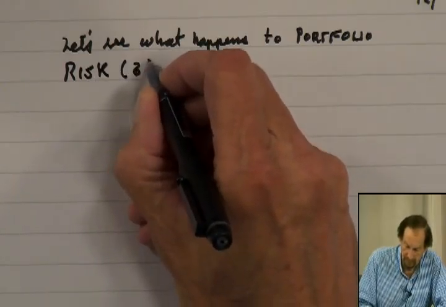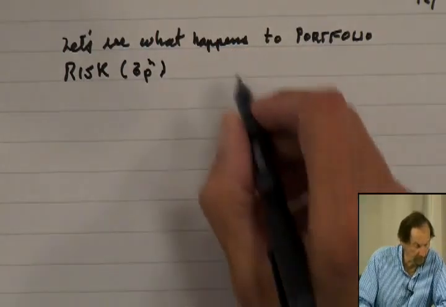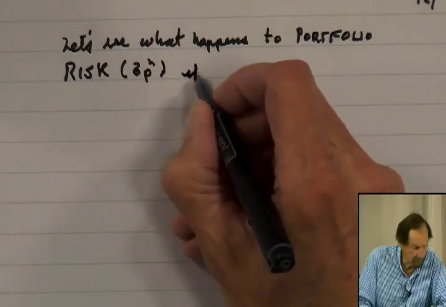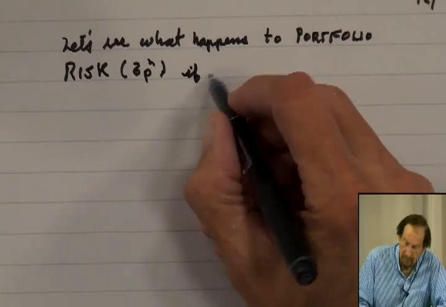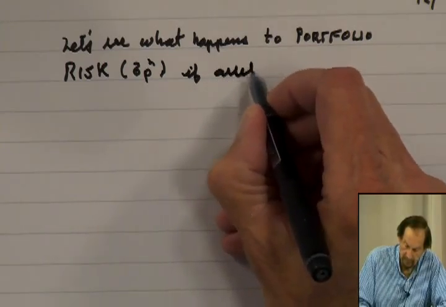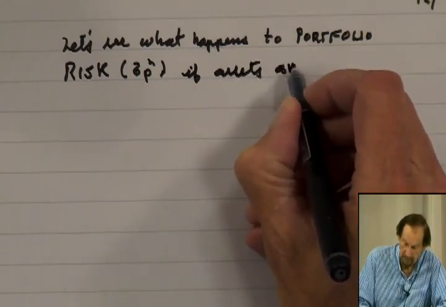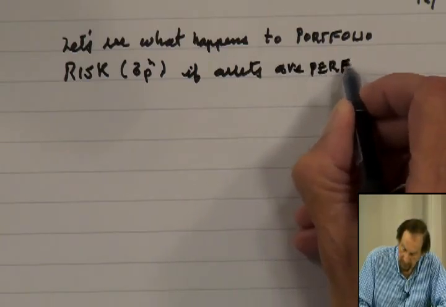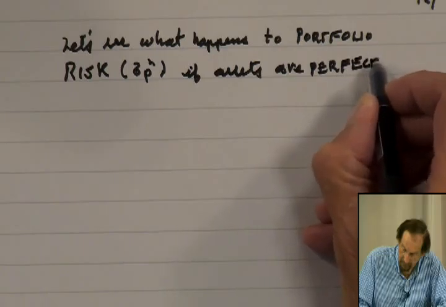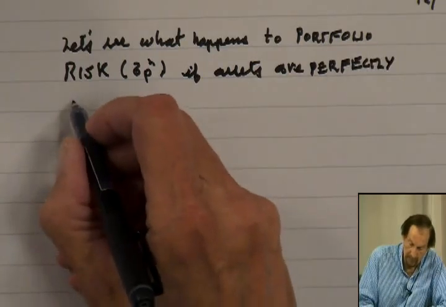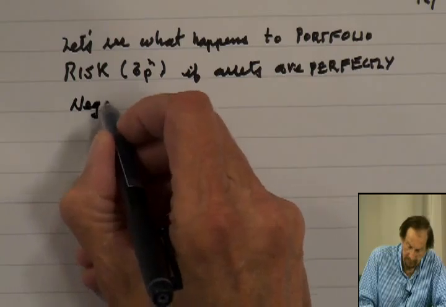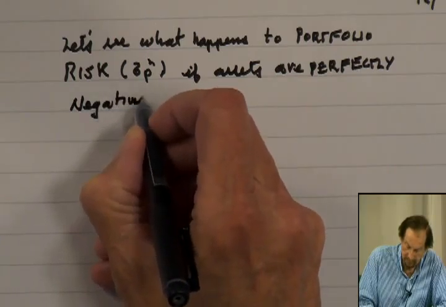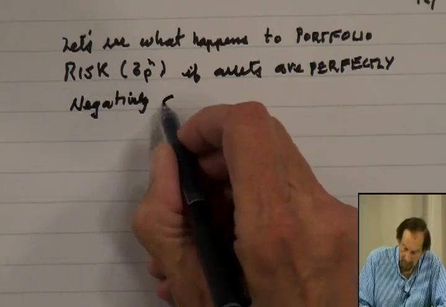Sigma P squared, if assets are perfectly negatively correlated.